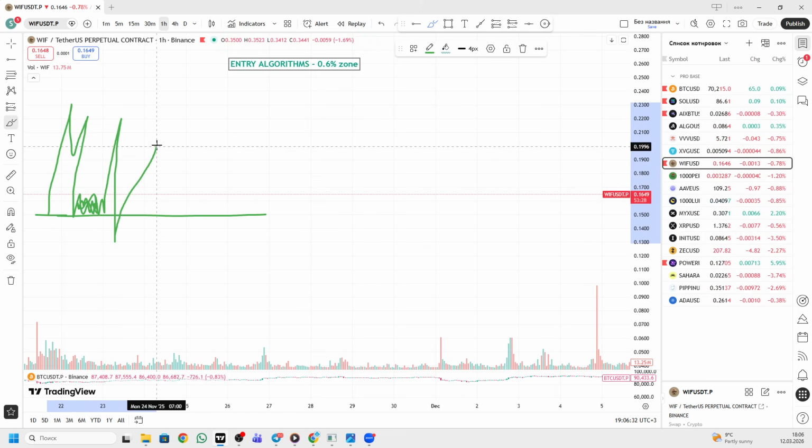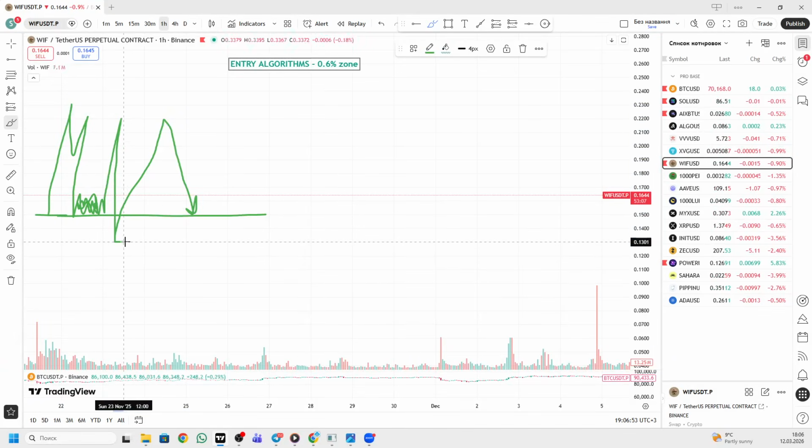Then it went up there, and then it starts returning back here. So we have a strong level. We have a wick.